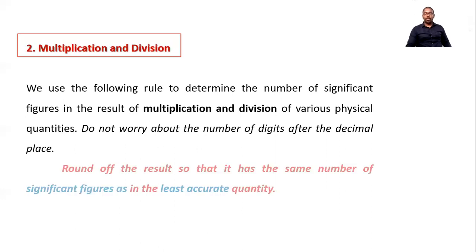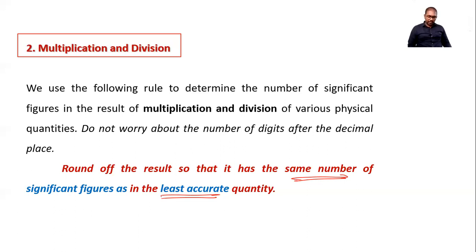Now, what do we have to consider? Round off the result, whatever result we get after the multiplication or division, so that it has the same number of significant figures as the least accurate quantity. Here we have to see significant figures. If the least accurate quantity has 2 significant figures, then the answer must have 2 significant figures.